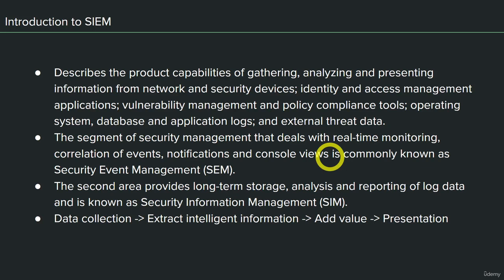Basically, SIEM combines two parts. The first is SEM, Security Event Management. It deals with real-time monitoring, correlation of events, notification, and console views. The second part is SIM, security information management, which deals with long-term storage, analysis and reporting of log data.